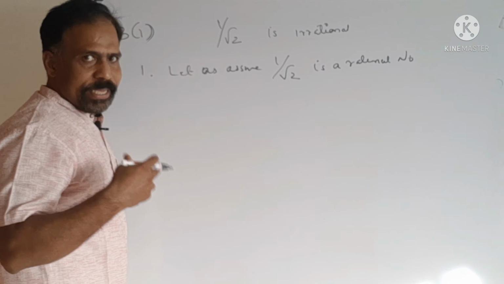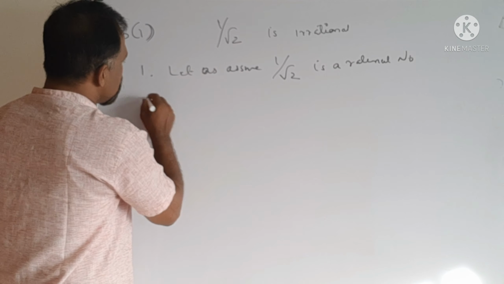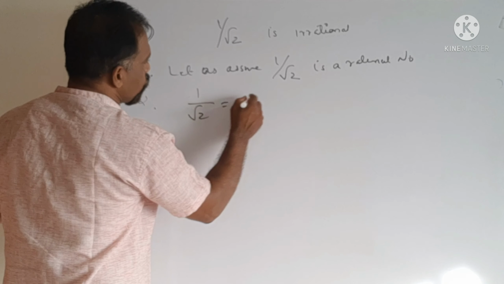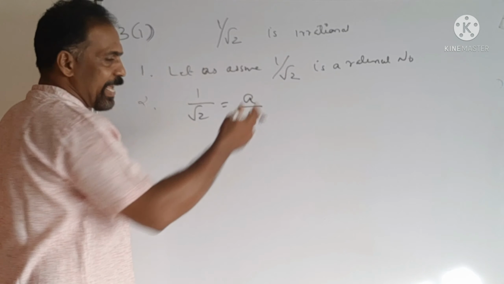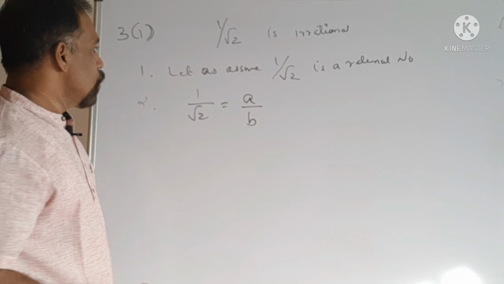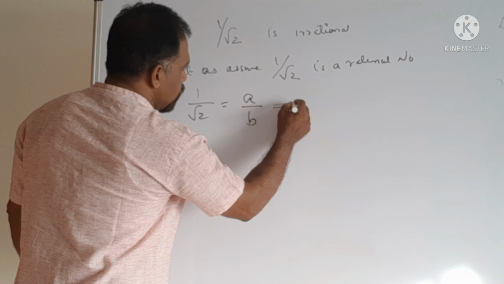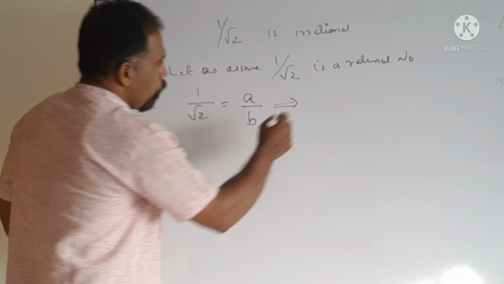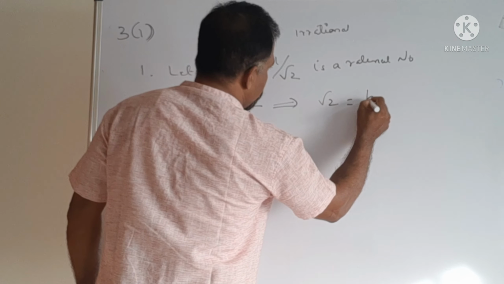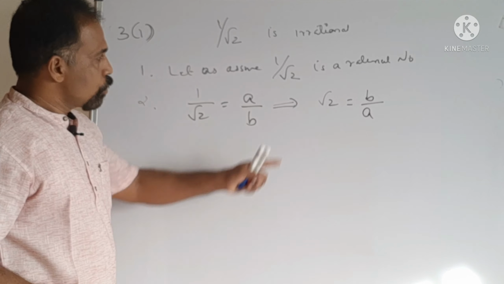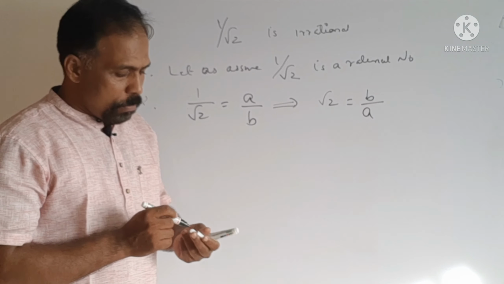The moment we say it is a rational number, we can write 1 by root 2 is equal to a by b, where a and b are co-prime numbers and b is not equal to 0. If we reverse it, we will get root 2 is equal to b by a.